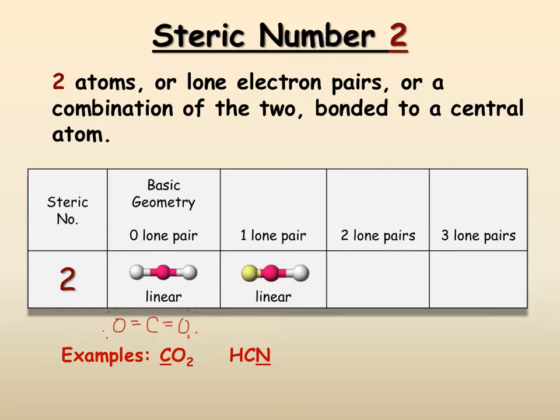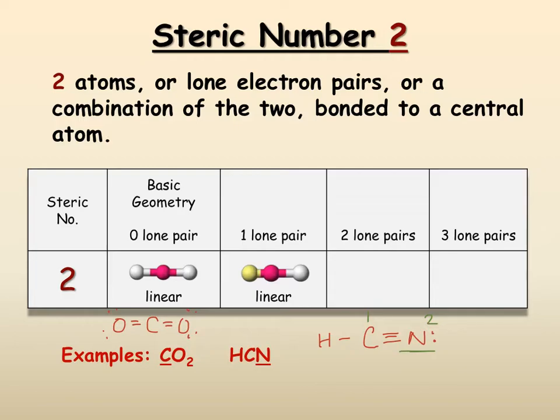Or, if you were to think about this molecule, C triple bond N, which has a lone pair there, HCN. If you are going from the point of view of the nitrogen, nitrogen has 1 atom bonded and a lone pair, so a steric number of 2, and this bond is linear. It forms a line.